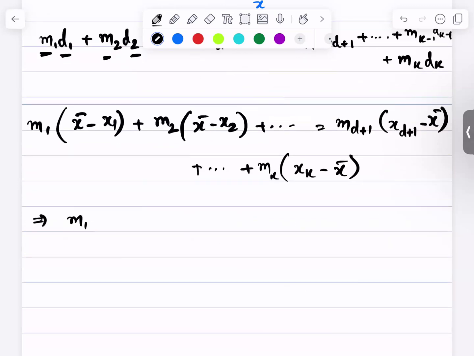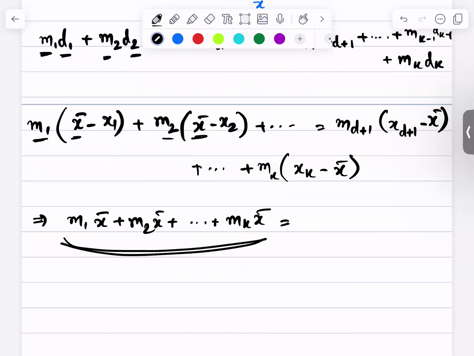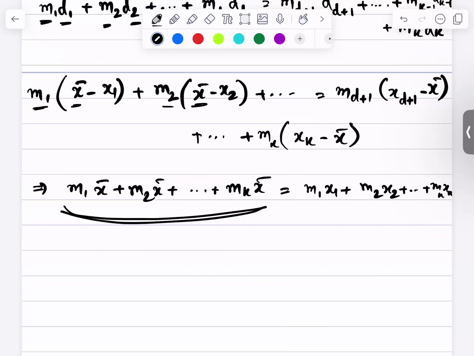And this is nothing but m1 x bar plus m2 x bar plus so on, mk x bar. I'm just collecting all the terms where I have x bar and writing that on the left hand side. And on the right hand side, I will have m1 x1 plus m2 x2 plus so on, mk xk.